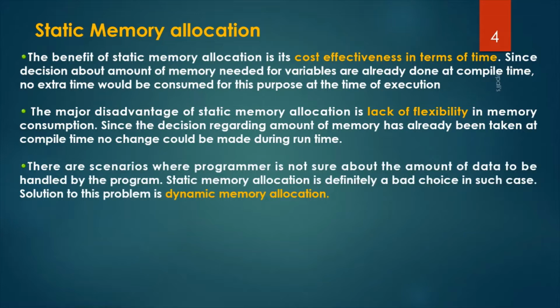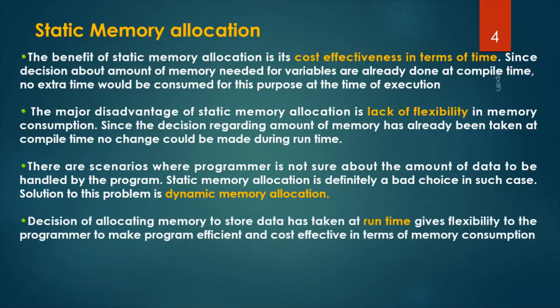There are scenarios where the programmer is not sure about the amount of data to be handled by the program. Static memory allocation is definitely a bad choice in such a case. The solution to this problem is dynamic memory allocation. If we are not sure about the amount of data needed at compile time, static memory allocation is not a good choice.